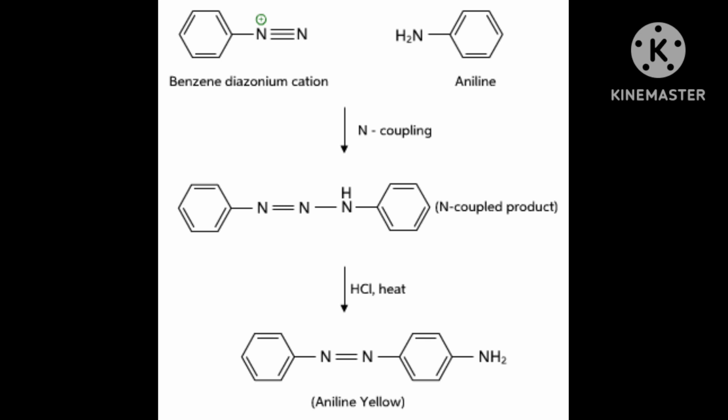OH will come from the NaOH, and oxygen will be supplied by KMnO4. Hence you will get carboxylic acid, and at carbon number 2 bromine is there. That's why you got 2-bromobenzoic acid.